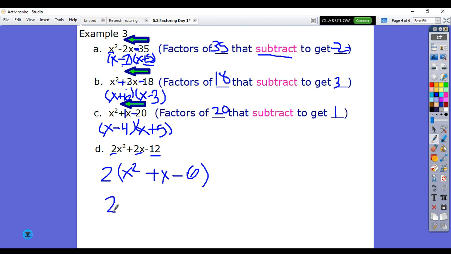Then I'm going to bring down my 2, and then 2 parentheses, break apart x squared, x times x. Factors of 6 that subtract to get 1: 3 and 2. Where the 1 is positive, that means the 3 is positive and the 2 is negative.